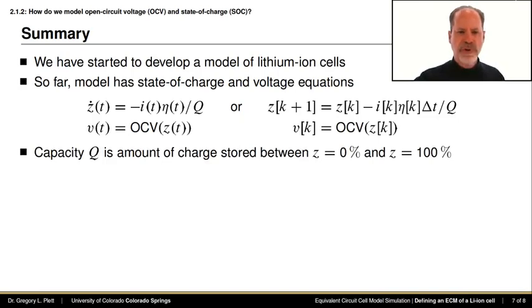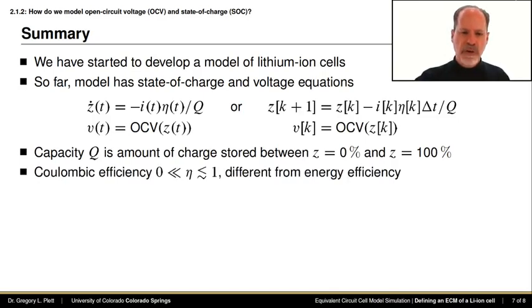In these equations, you've learned that the total capacity Q is the amount of charge that the battery cell is capable of holding between state of charge 0% up to 100%. You've learned that the Coulombic efficiency factor eta is always between 0 and 1 and is usually very close to 1 for a practical lithium-ion battery cell. And furthermore, that this Coulombic efficiency is different from energy efficiency.